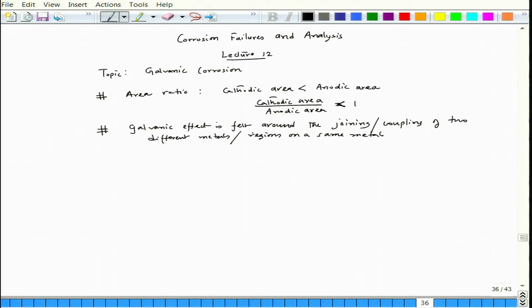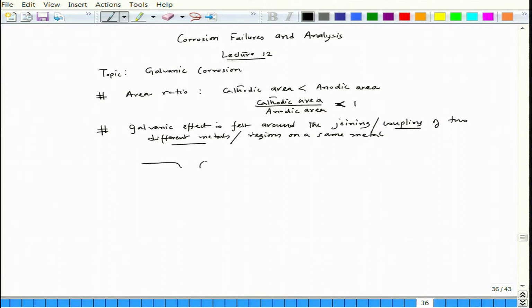We have seen the effect of coupling of two different metals in case of zinc and iron. That was the kind of situation like this.